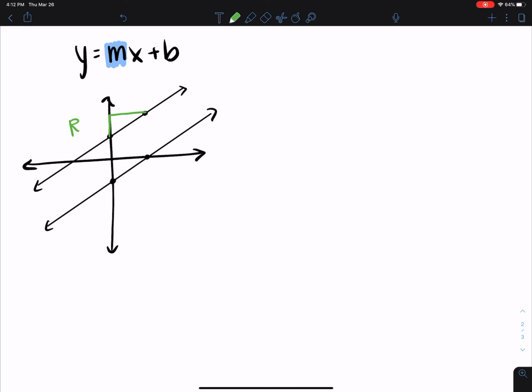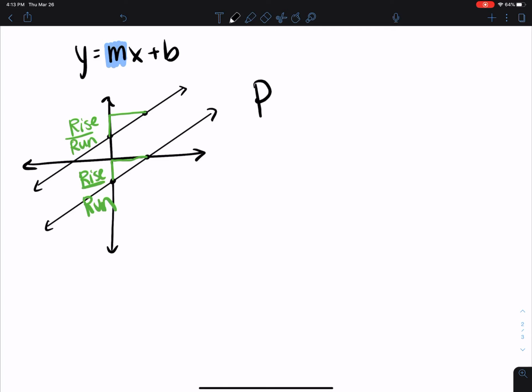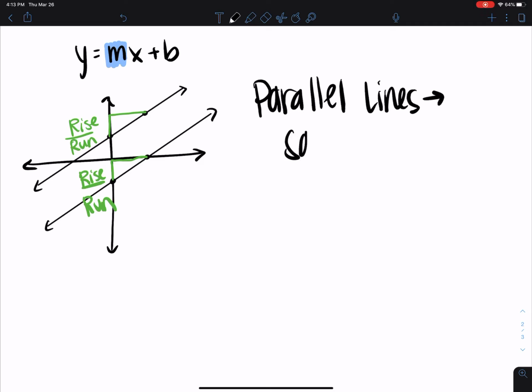So the rise over run would be the same here. That means that for parallel lines, they have the same slope, and that's m in our equation.